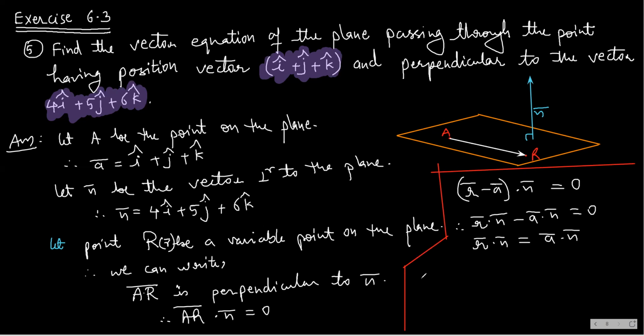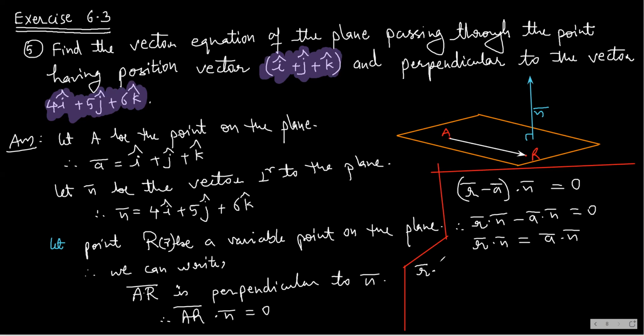I will substitute. So see, R bar we will keep as R bar. No need to write xi cap plus yj cap plus zk cap, because R bar is always going to be this only. A variable point, if you write the coordinates, it is always x comma y comma z. So R bar will always be xi cap plus yj cap plus zk cap. No need to write it.